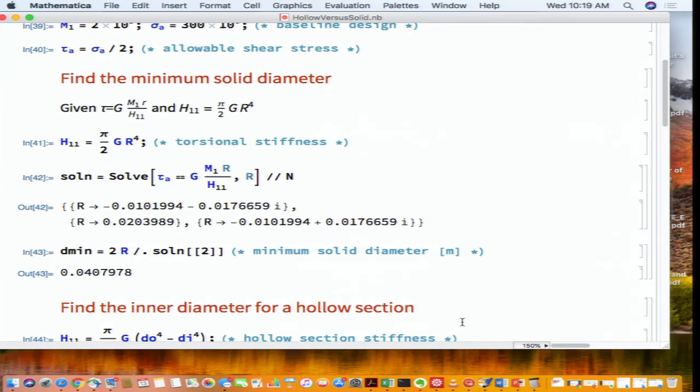Some are complex numbers, so we just discard them. We take the real positive value, and then we multiply it by 2 to get the minimum diameter. In this case it's 0.04 meters, which is required to take the load which was initially in the problem. But that's not the main concern. The main concern is to reduce the weight of this beam, and we will do it by taking a hollow beam.